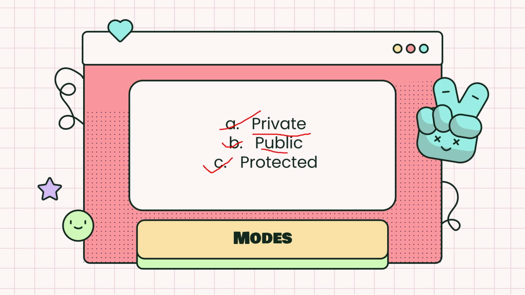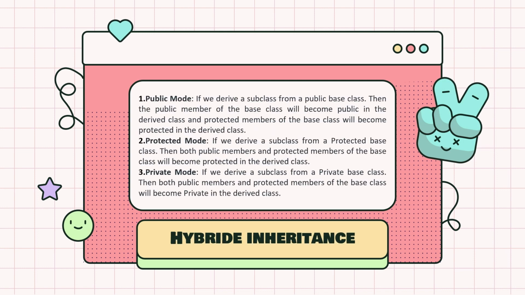With public, all the data member functions are public to the child class. And with protected, the data member functions are protected in the child class which is derived from the superclass.